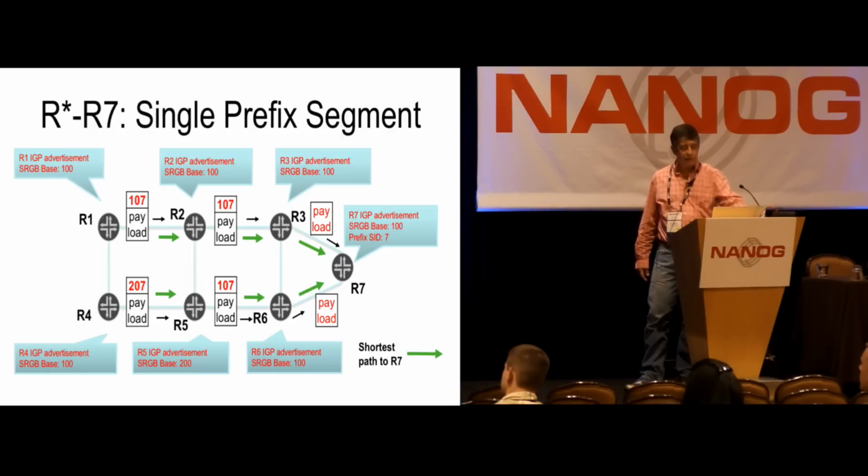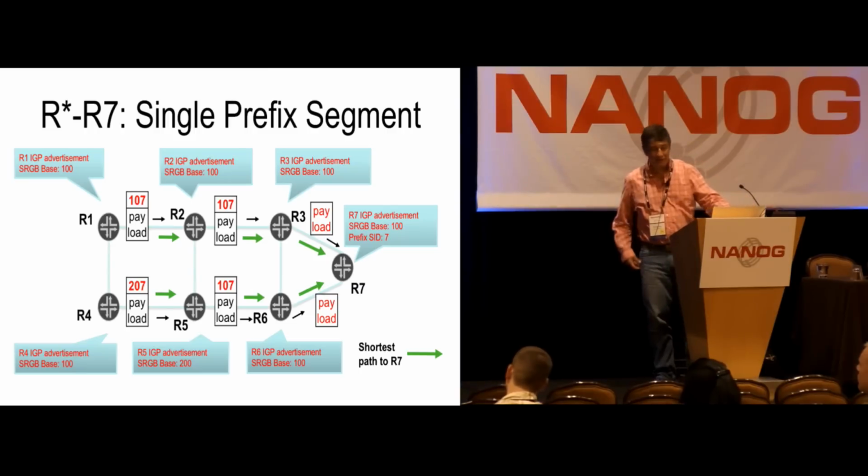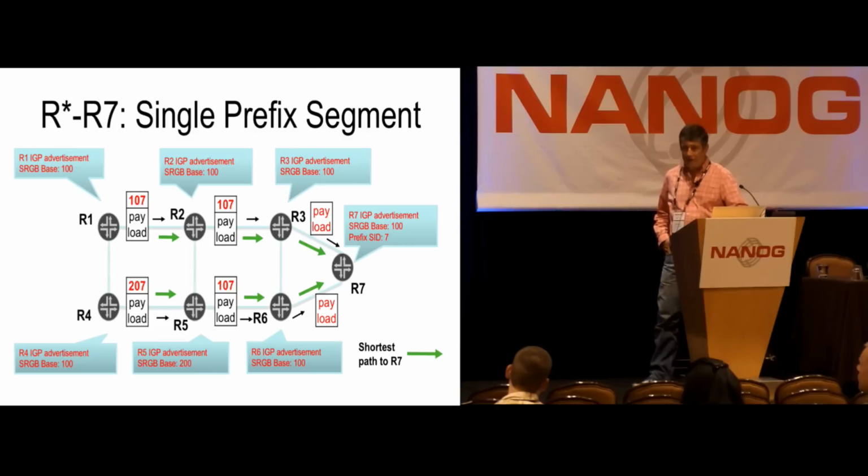R1 needs to define a label that will get him to R7. He adds his SRGB to the number 7, what R7 advertised, and he gets label 107. Notice he only had to push one label on the stack. He didn't have to push a whole bunch of them, because SID 7 maps to the IGP shortest path to R7.